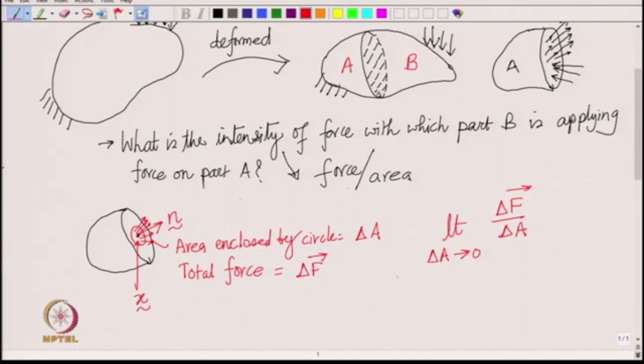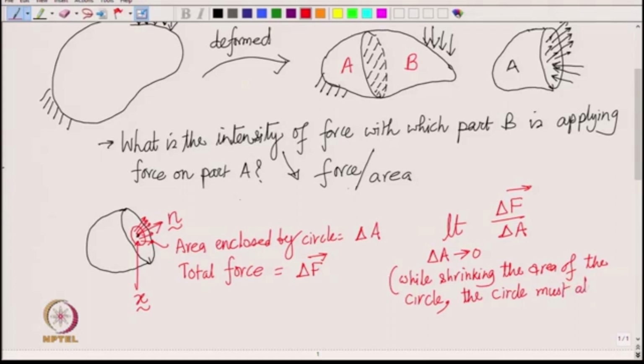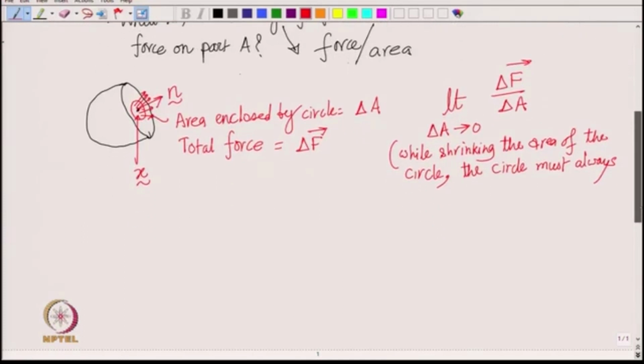So, while taking the limit I will write it here, while shrinking the area of the circle, the circle must always contain the point x where you want to measure the intensity.